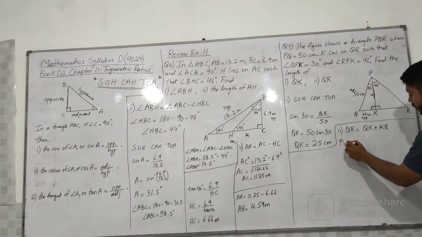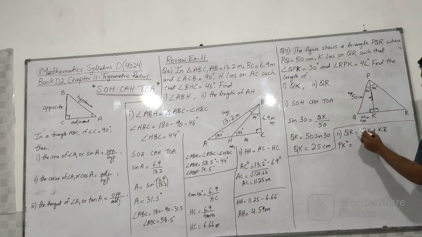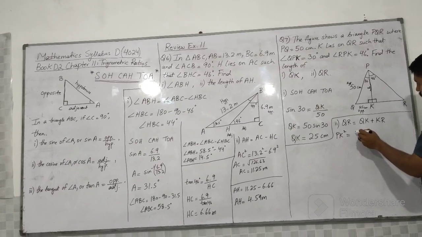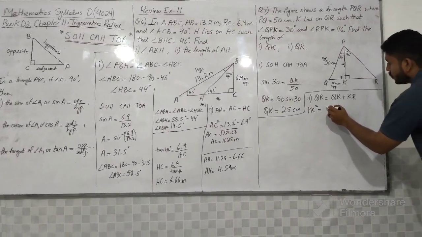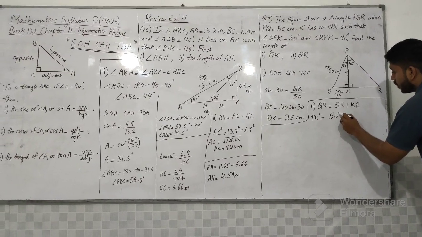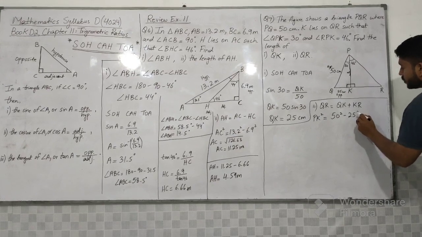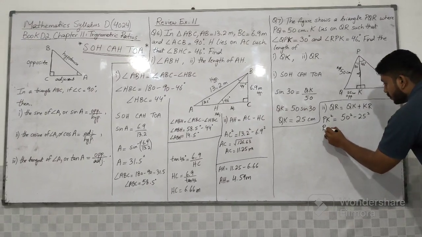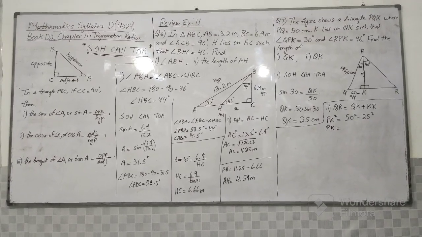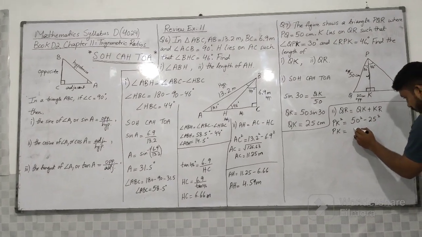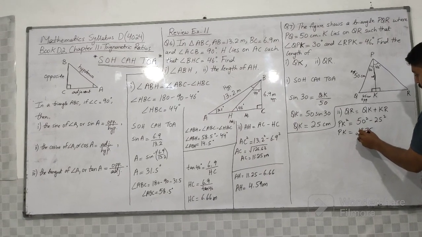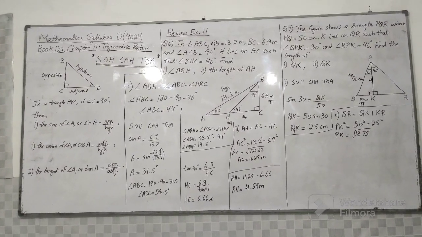So PK square equals the hypotenuse square minus the opposite square, so QK square. So this will be 50 square minus 25 square, which will give you 1875. So now remove the square there, you just square root this.